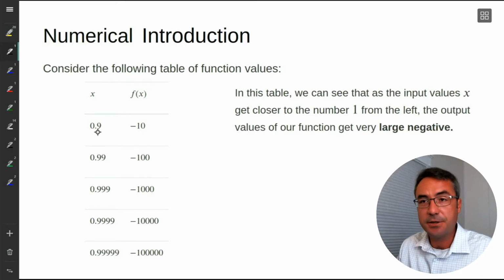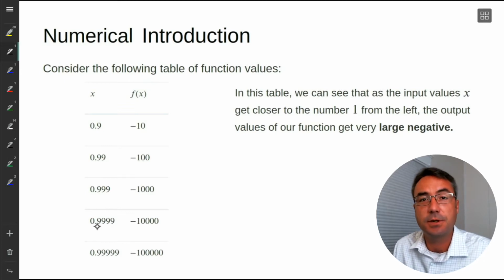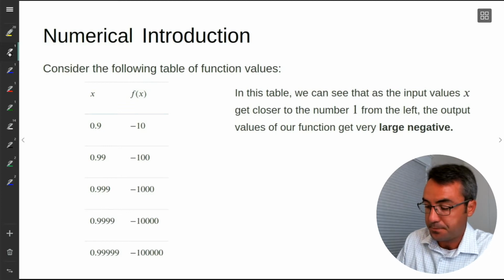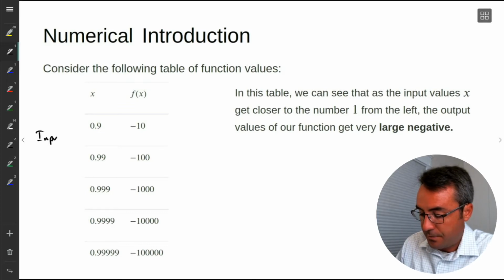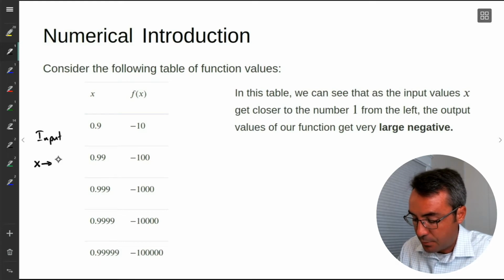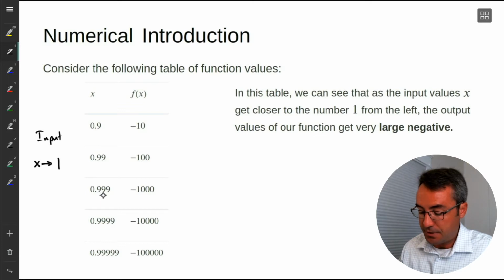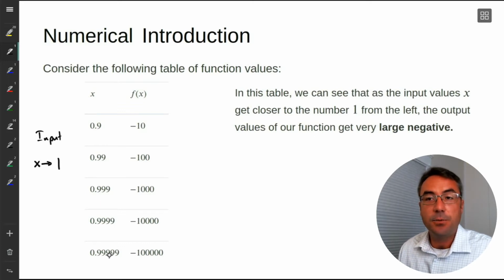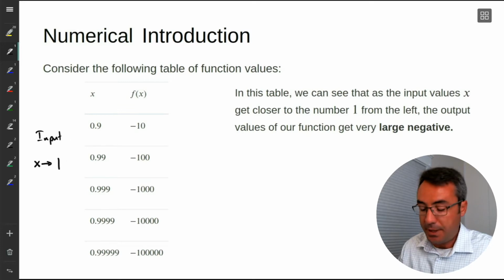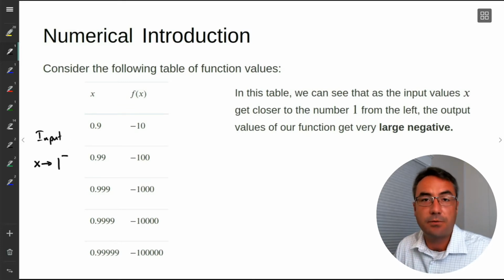What we see is that these input values, 0.9, 0.99, 0.999, and so on, look like they're getting closer and closer to the number 1. So over here, these are our inputs, and it looks like x is approaching the number 1. All these values are slightly smaller than 1, so we can be a little more specific: x is approaching 1 from the left.